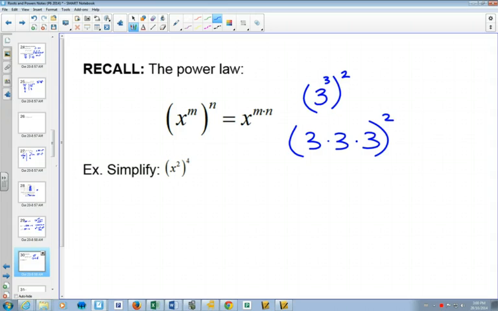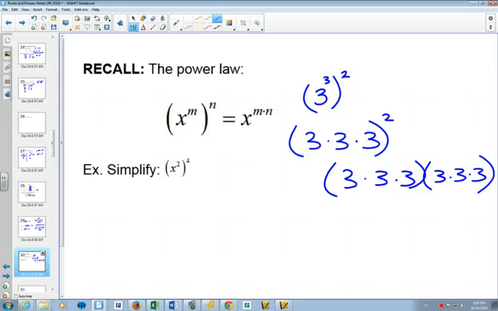And squared means that there has to be 6 of them. How could you go directly from here to here? By multiplying your exponents. Okay? That's what the power law is. So here I have x squared to the power 4, would be? The x to the exponent of 8, or the power of 8. Nice.